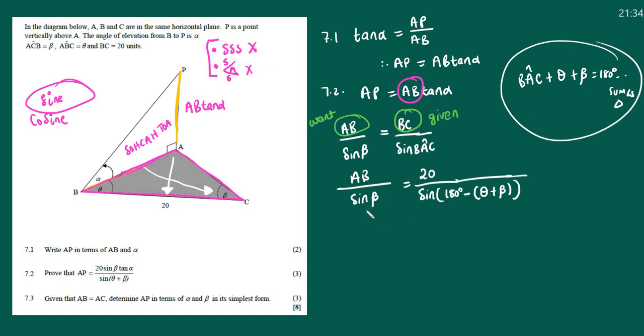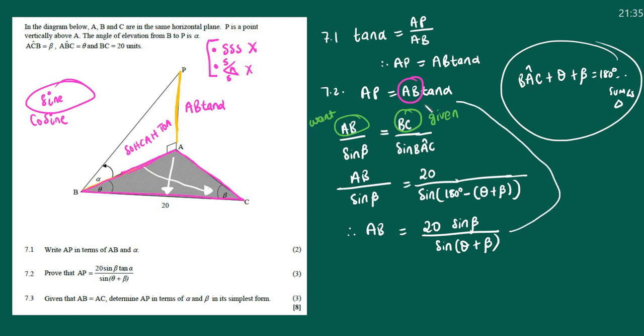Okay, so now we can solve for AB. We can say therefore AB is equal to 20. Then you multiply by sine beta both sides, so that you have 20 sine beta, all divided by sine of 180 minus this. It's in the second quadrant, so you're going to have sine of those two angles like this. That's AB. Then now that you have AB, you must be rejoicing, because you can now substitute it there to get AP.